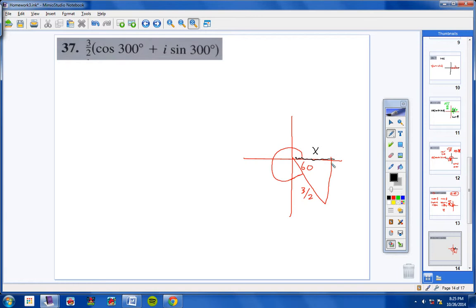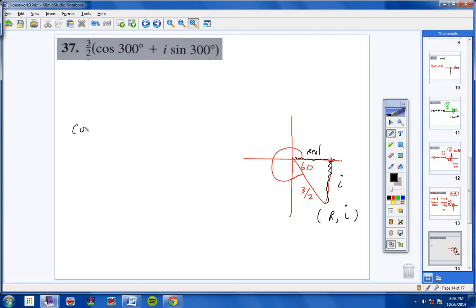Call it x. I guess we'll start calling that our real number. How's that? This is our real number. Then we have to go down and find our imaginary number. So my ordered pair here would be real number, comma, imaginary number. So here we go. I'm going to go ahead and use x and y.